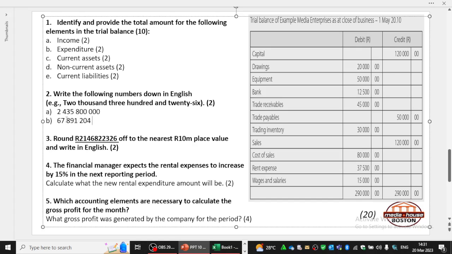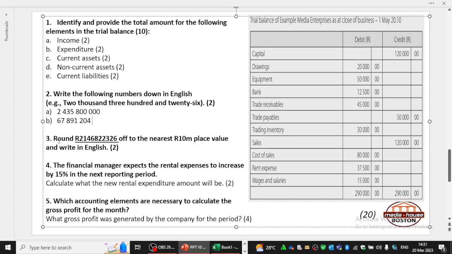Do not put "and" anywhere before you reach the final amount. So this is 67,891,204. So that is the last figure that you do.